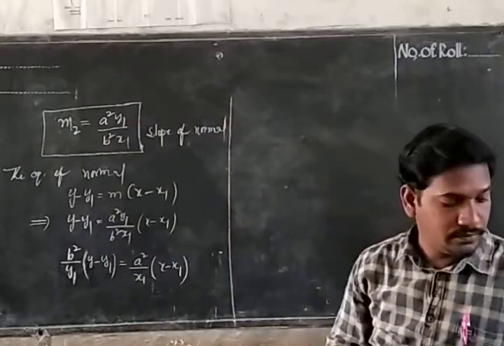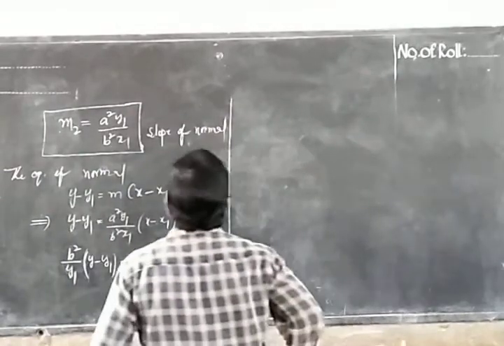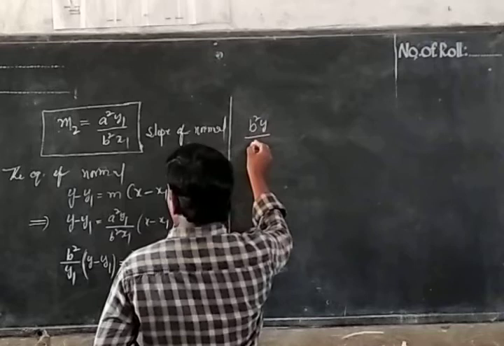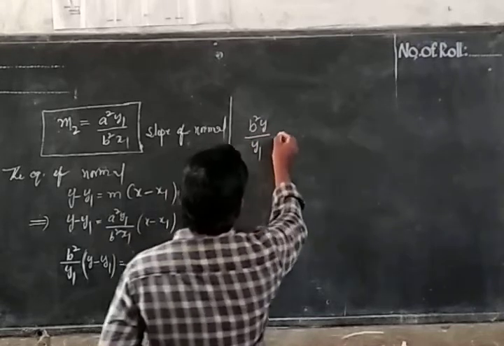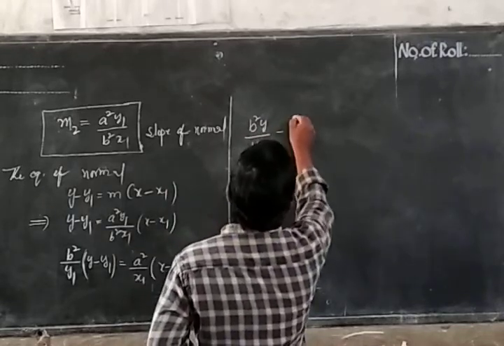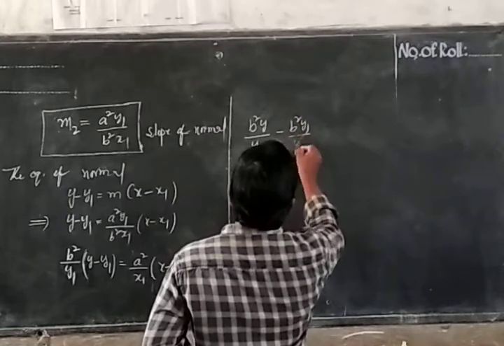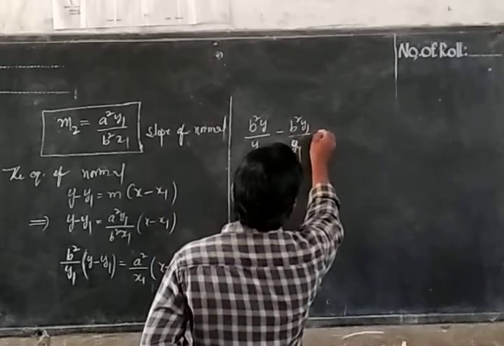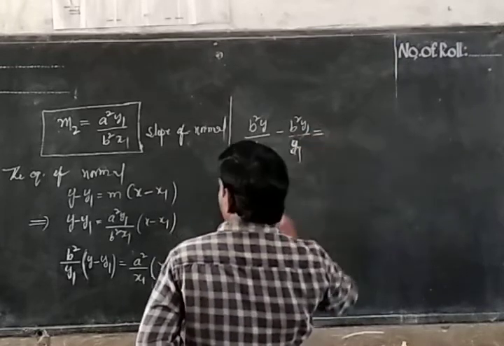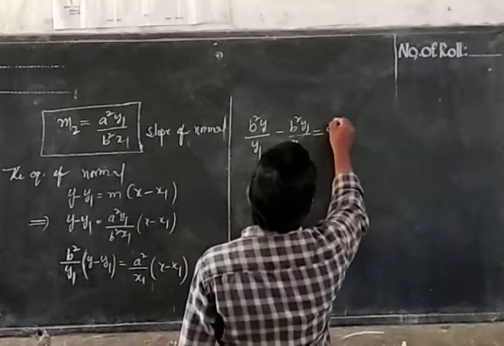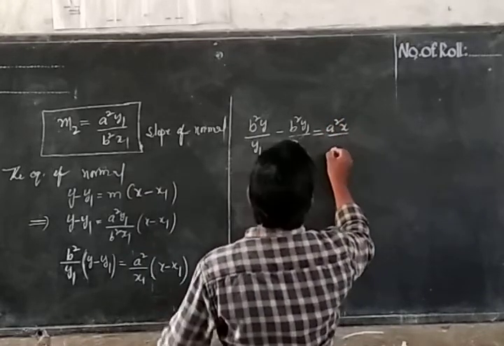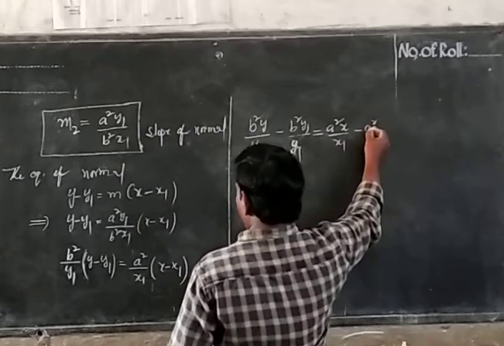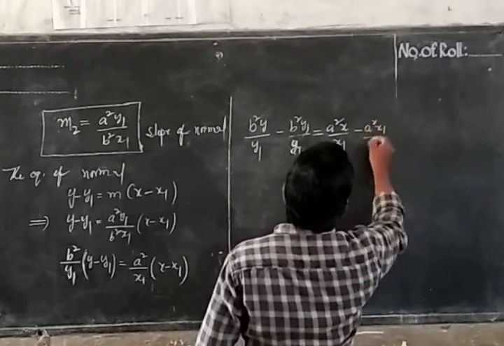Now, b square y by y1 minus b square y1 by y1 equal to a square x by x1 minus a square x1 by x1.